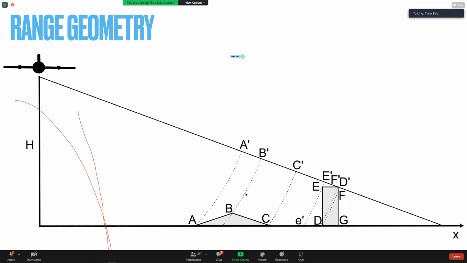So if we go from point B to B dash, that would be mapped here on the SAR image. And you see the distance from A dash to B dash is much shorter than the actual distance from A to B on the ground. This effect is called foreshortening. So if you think of a hill, the side of the mountain that is toward the sensor is shortened. It will be shorter in the SAR image than it is in reality.